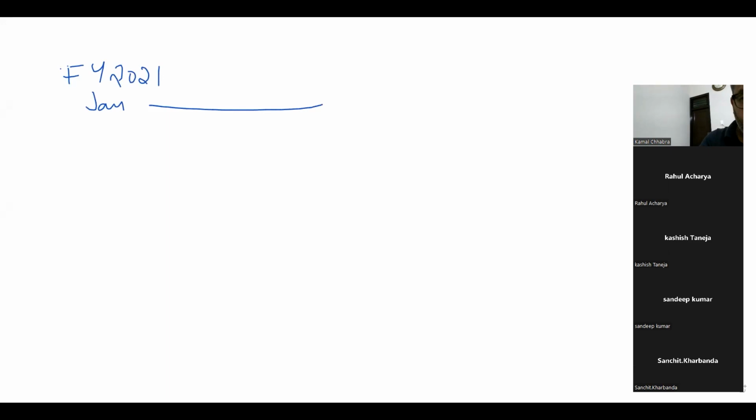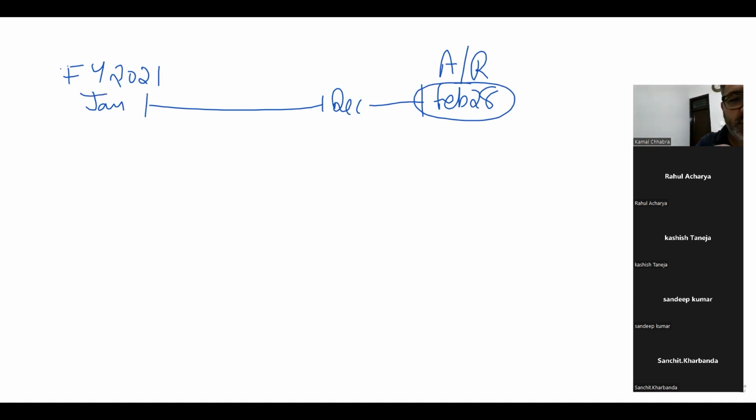Okay. Here, let's say the financial year 2021 is for January to December, and you are giving the audit report, let's say, on February 28 for this financial year. You have started the audit of this listed company. Let's say you are doing the interim audit in September.